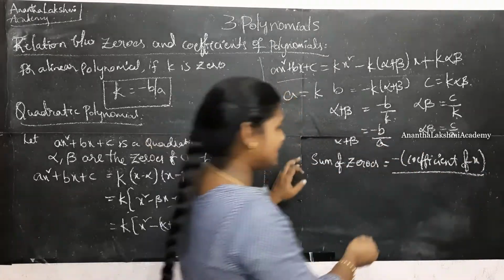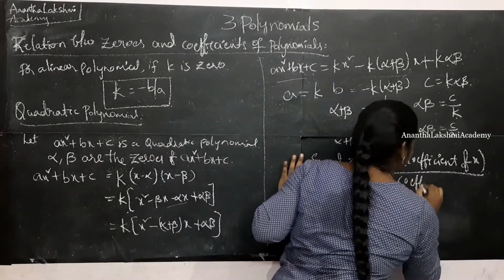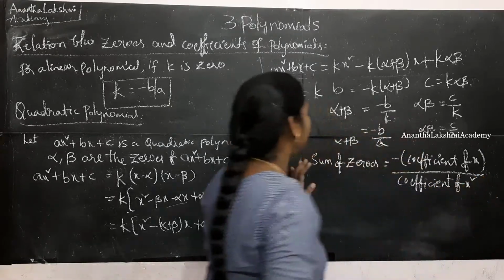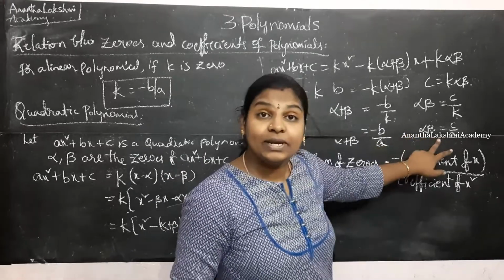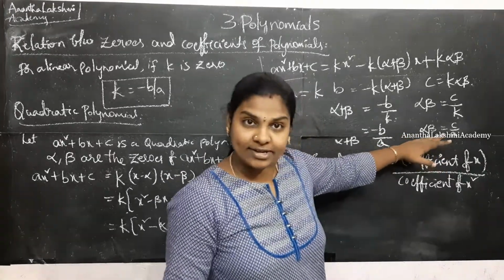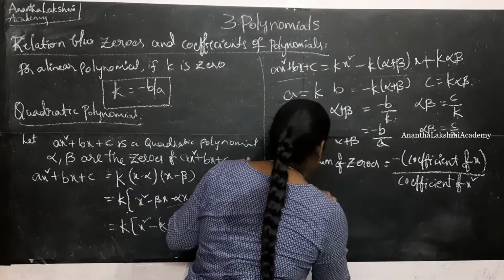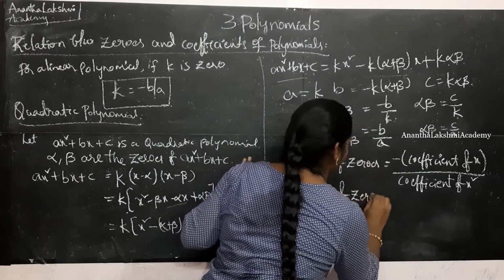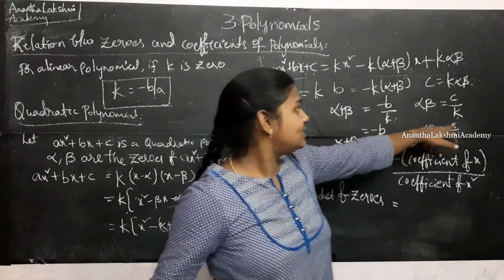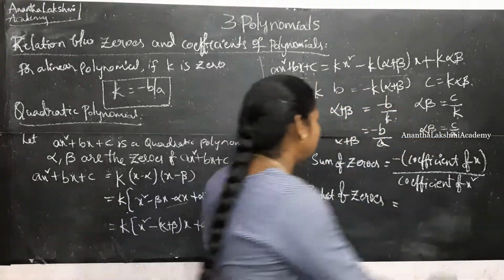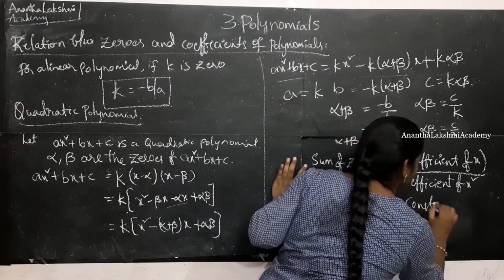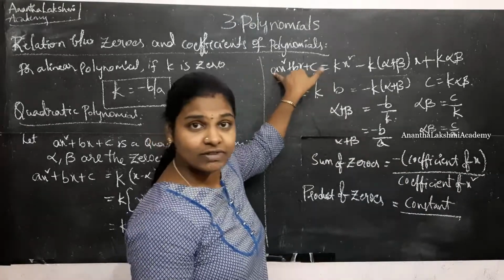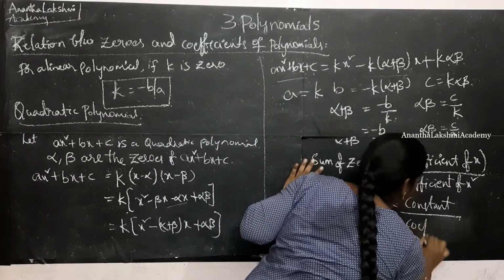Coefficient of x square. Then what is alpha beta? That is nothing but product of the zeros is equal to, what is c? The constant, by, what is a? Again the coefficient of x square.